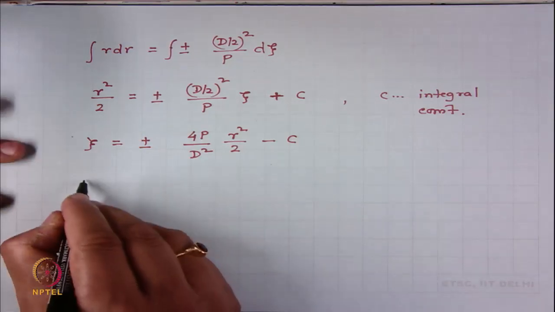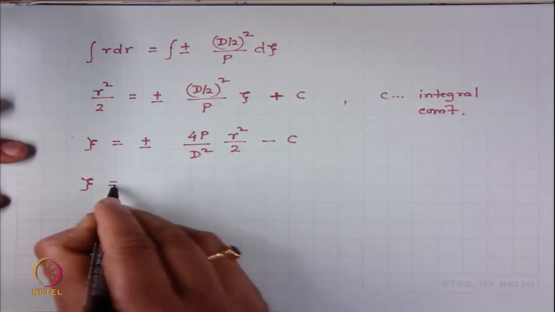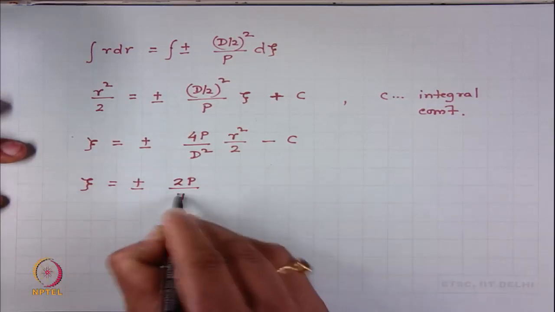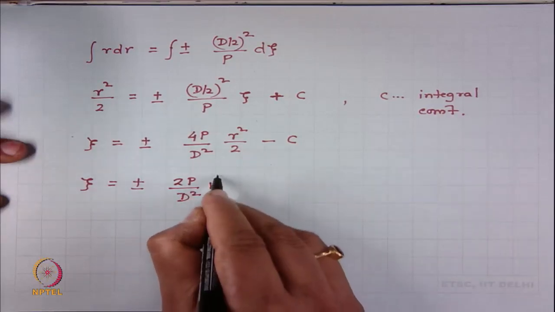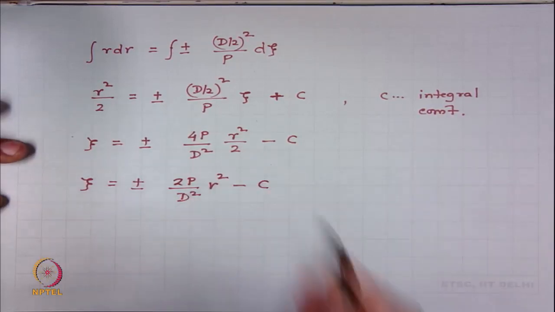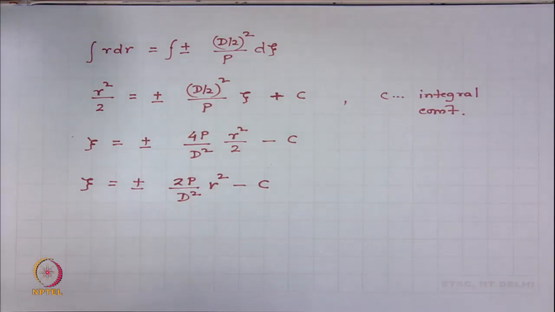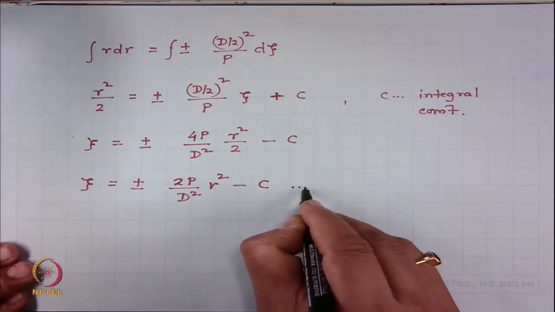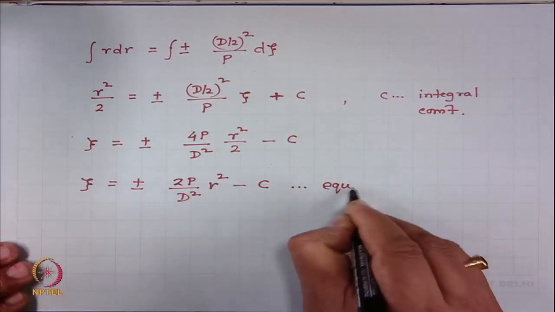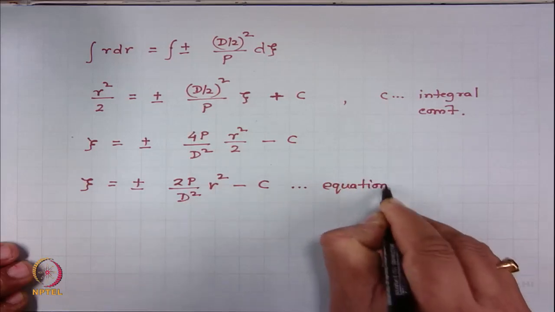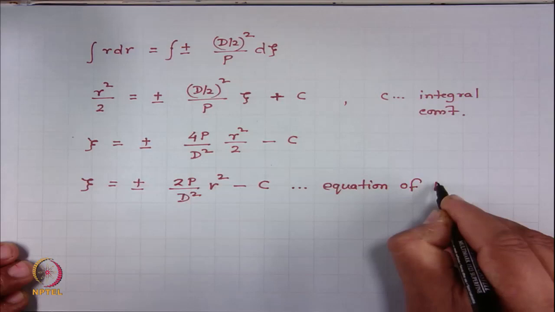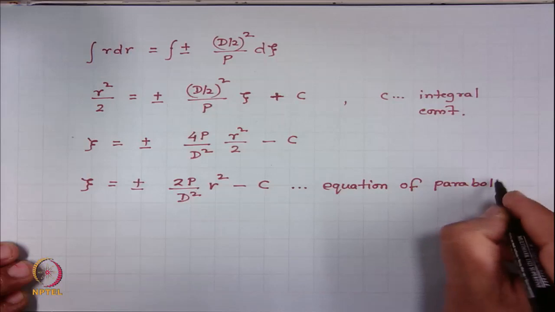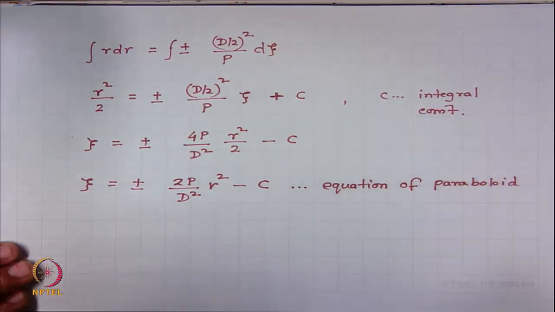Further, we can write is equal to plus minus 2 p by d square into r square minus c. This is an equation of paraboloid.